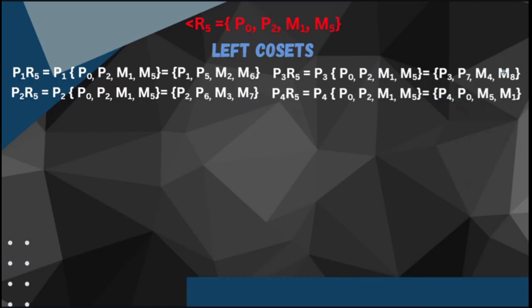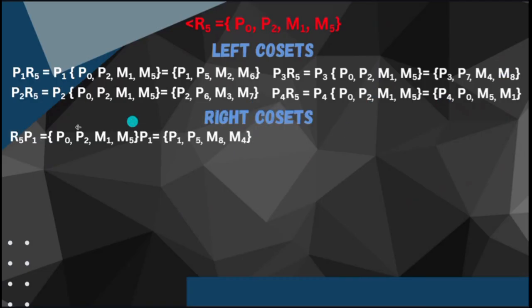Next, for our right cosets, R sub 5 multiplied by row sub 1, the results are row sub 1, row sub 5, mu sub 8, mu sub 4. For R sub 5 multiplied by row sub 2, we have row sub 2, row sub 6, mu sub 7, mu sub 3.